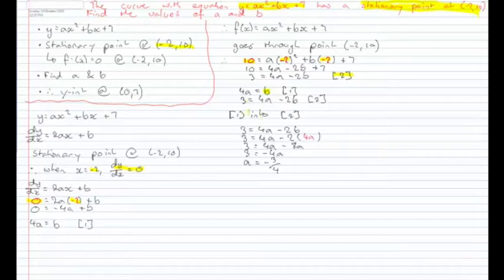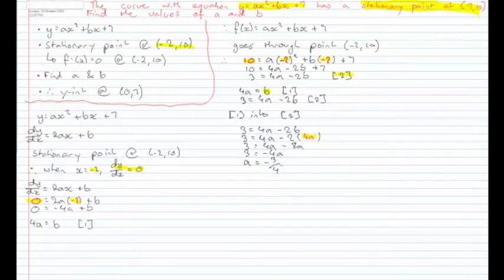So substituting equation 1 into equation 2, I know that 3 is equal to 4a minus 2b, and I know that from up here b is equal to 4a, so instead of writing b I can write 4a here. Right, so I get 3 is equal to 4a minus 2 times 4a, therefore you get 3 is equal to 4a minus 8a, simplify gets you negative 4a, and then when you get a on its own by dividing by negative 4, you get a is equal to negative 3/4.